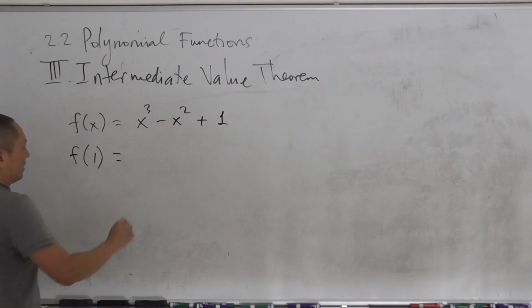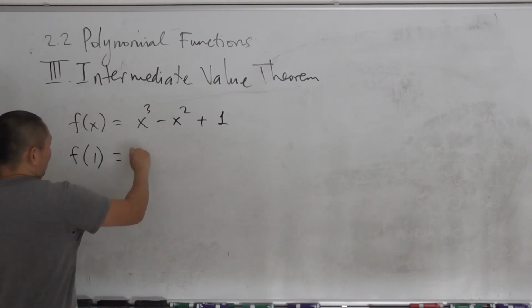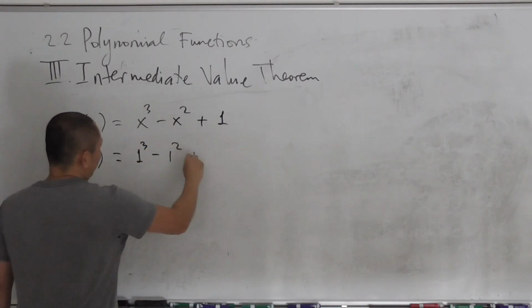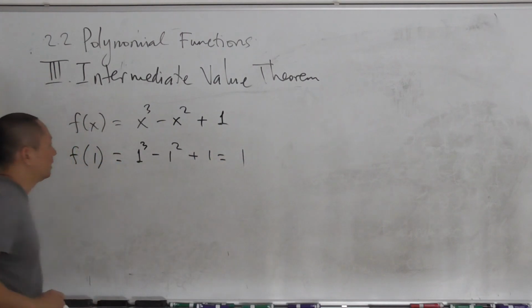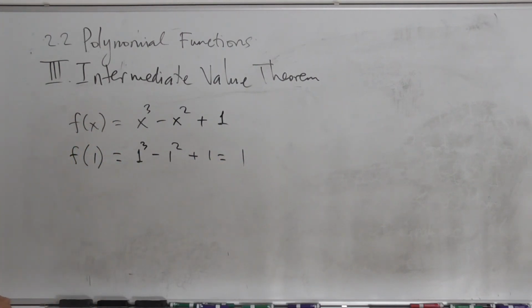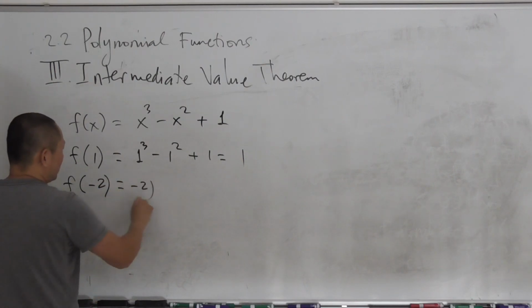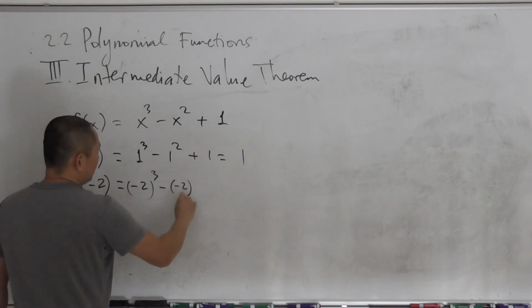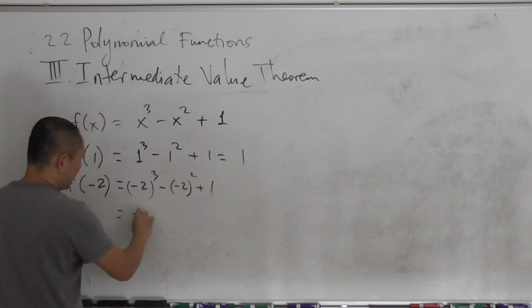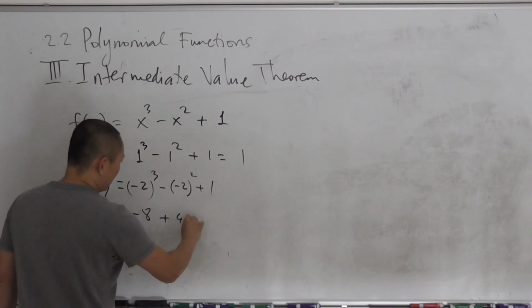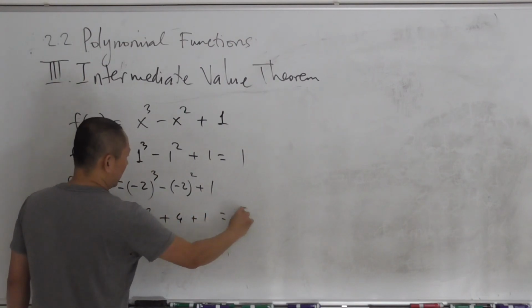F of 1 is what? 1 cubed minus 1 squared plus 1, which is equal to 1. It means I plug in x equal to 1. Now f of negative 2. Negative 2 cubed minus negative 2 squared plus 1. This is negative 8 plus 4 plus 1, equal to negative 3.